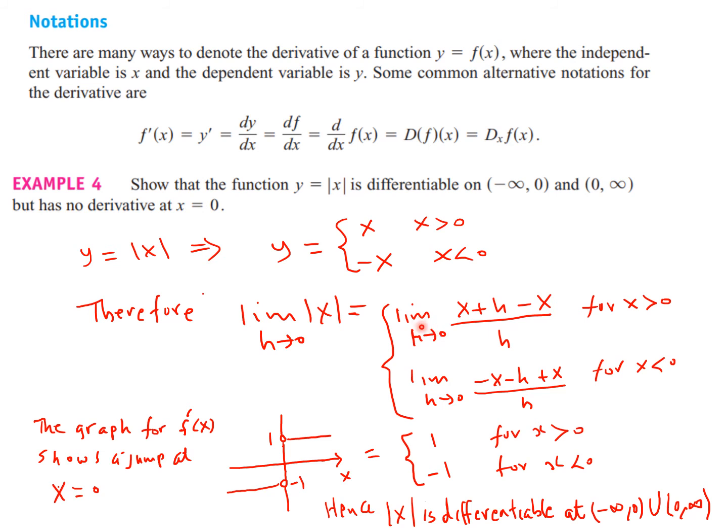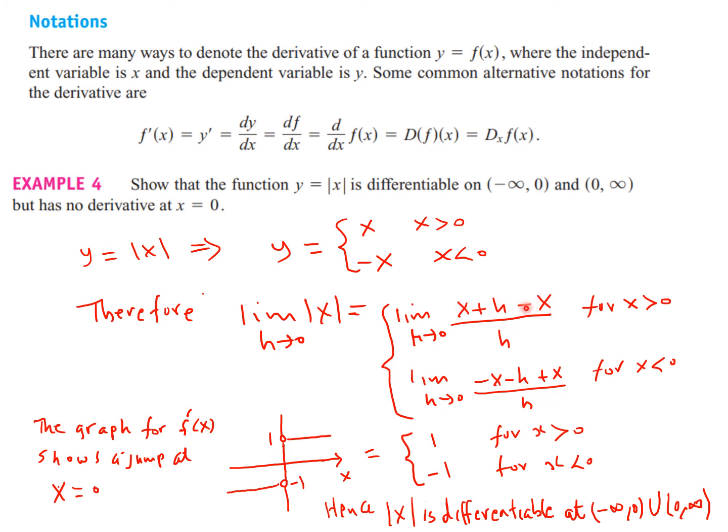The limit as h goes to 0 of x plus h minus x over h for x greater than 0, and the limit as h goes to 0 of negative x minus h plus x over h for x less than 0.